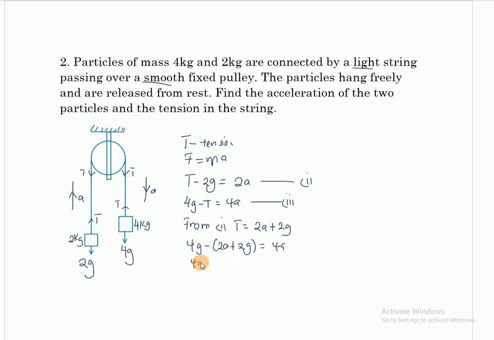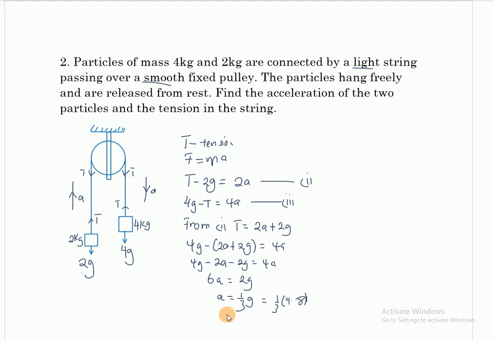This is 4g minus 2a minus 2g equal to 4a. Collecting the a's, we have 6a equal to 2g, such that a is equal to a third of g.